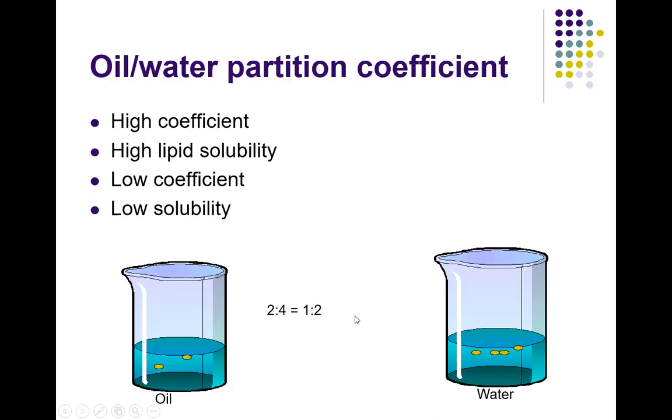So this would have a low lipid solubility. Some things did dissolve into the oil, but not as much as dissolved in the water. If it was reversed and we saw 4 in the oil and only 2 in the water, then it would have a high coefficient for oil versus water.